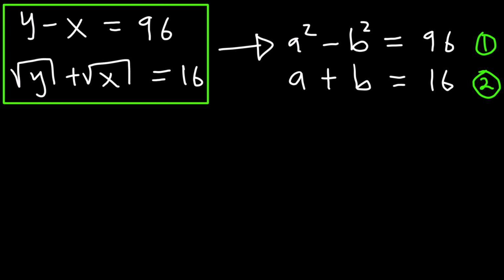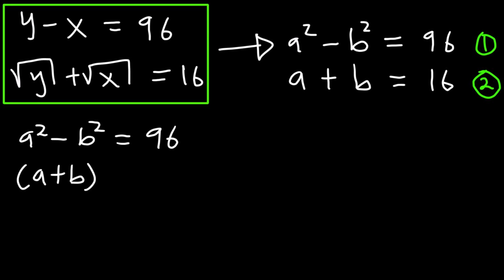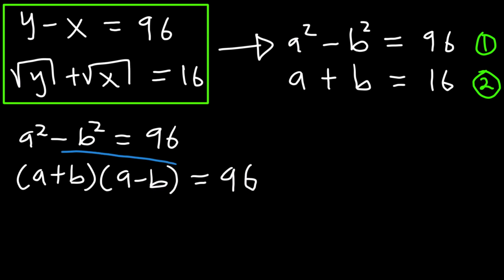From equation 1 we have a to the power of 2 minus b to the power of 2 equaling 96. And from the difference of two squares, we shall have a plus b times a minus b, and this will be equal to 96. If you expand this, you will get a to the power of 2 minus b to the power of 2.